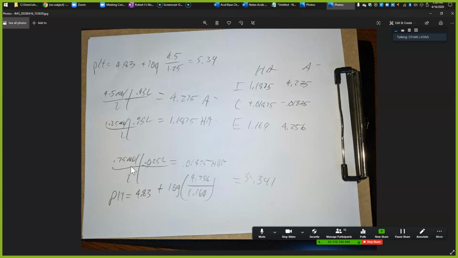I have a question. Sure. You said that the base is on top, correct? Yep. If we're adding an acid, why is the base's molar number going up? It didn't go up. It went down. It went from 4.5 to 4.756 in that.